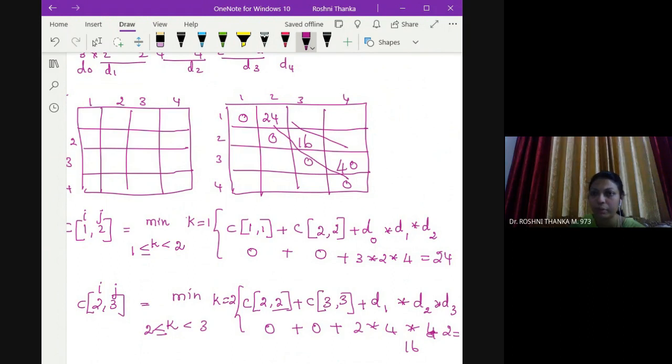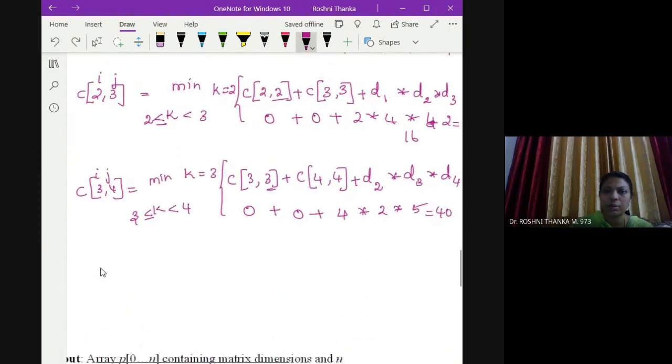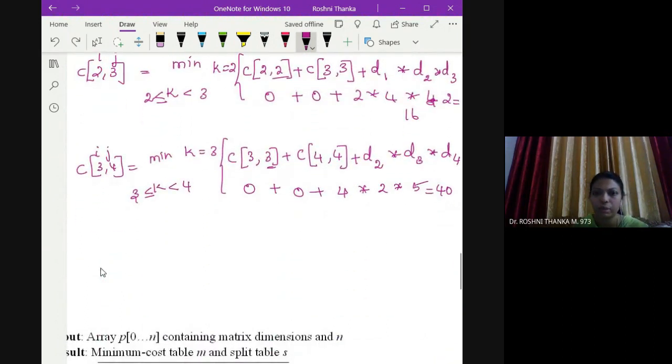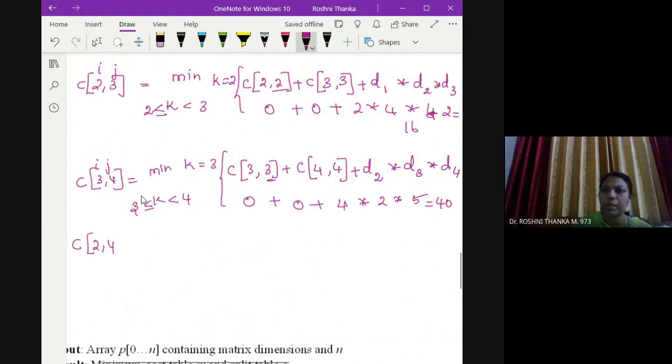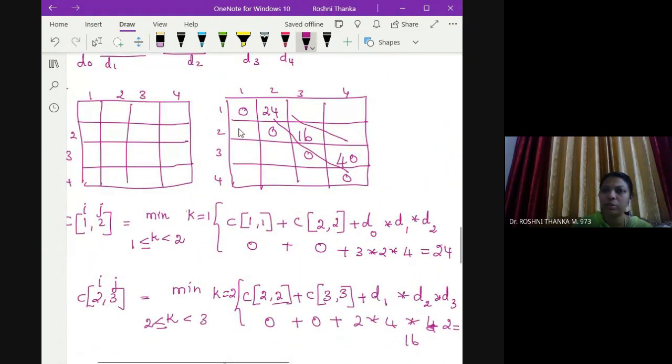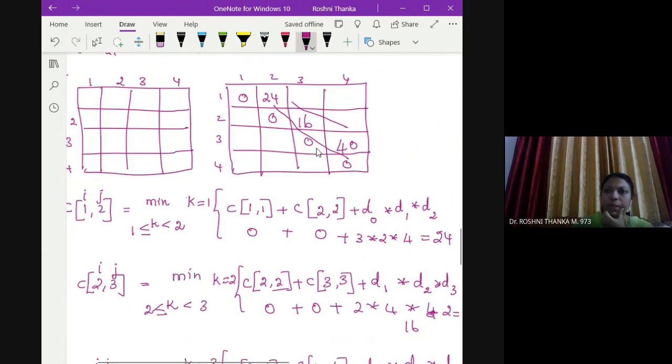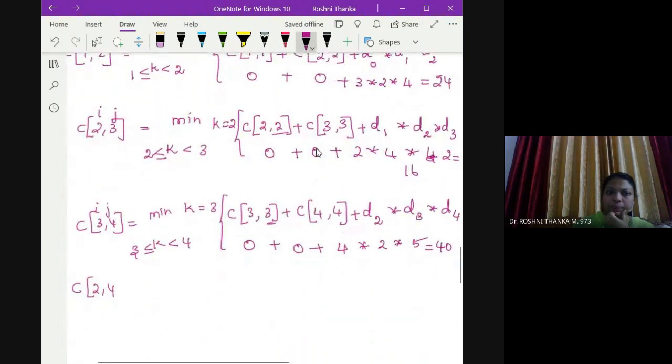Okay, this value we'll find. What is this value? And then we'll go for the next one. So let us say, what is the cost of 2 and 4? This value. What is this value? This 2nd row and 4th column value. Okay, the difference is 2 again. So we'll be finding that.